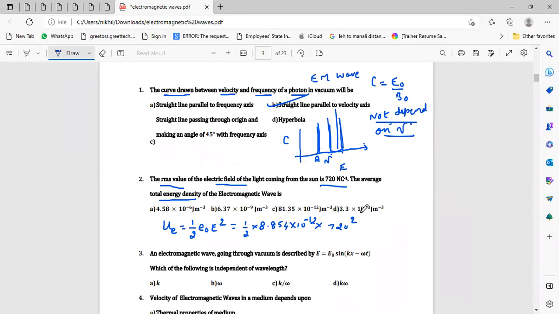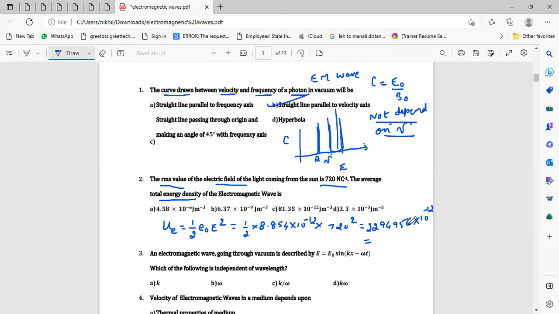It is going to be something like, it is almost equal to 2294,956 into 10 raised to minus 12.